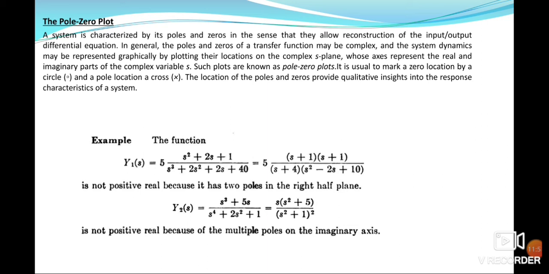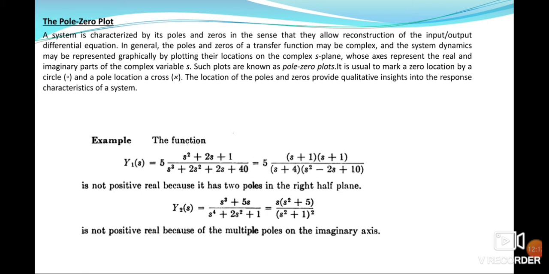So we have seen in the previous example how to plot poles and zeros. Similarly, I have provided here an example where I have provided a transfer function as Y equals 5, which is the system gain, multiplied by s square plus 2s plus 1 divided by s cube plus 2s square plus 2s plus 40.